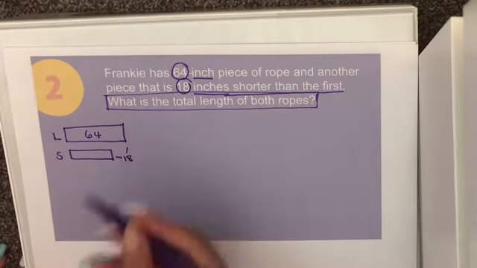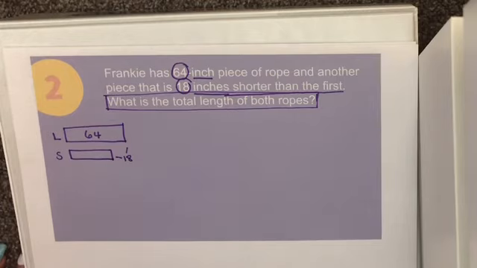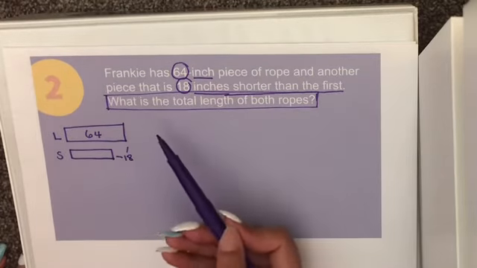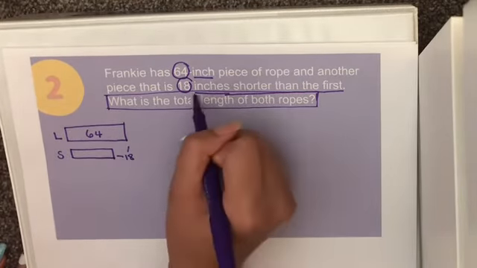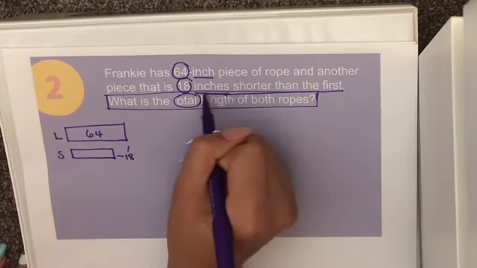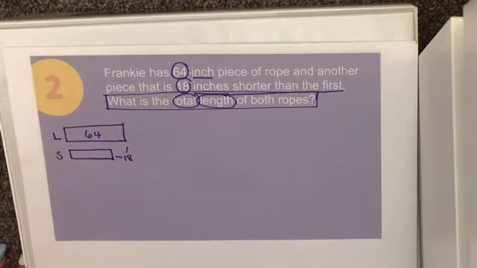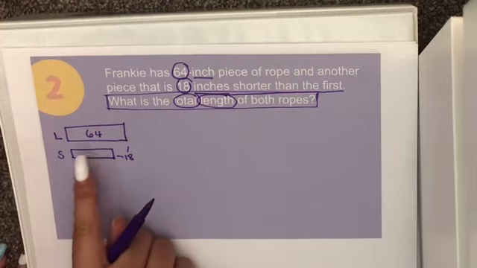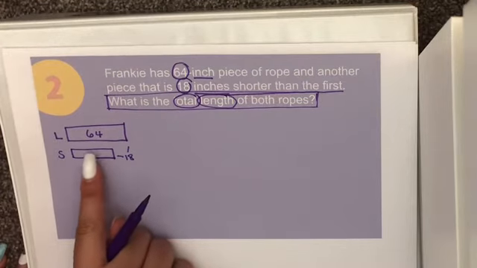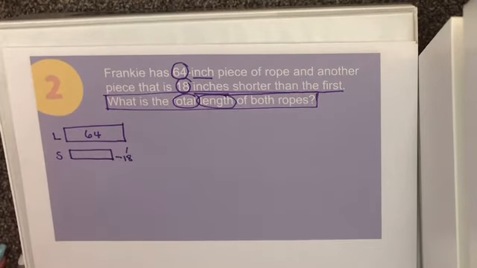Well, that leads us to our first number sentence. We technically can't say what the total length of the ropes are if we don't know how long this rope is. Here we go.